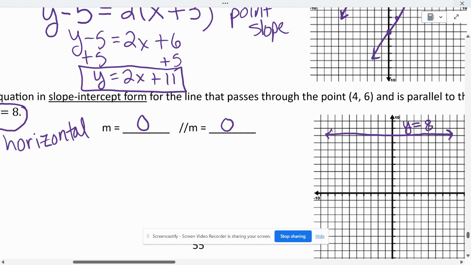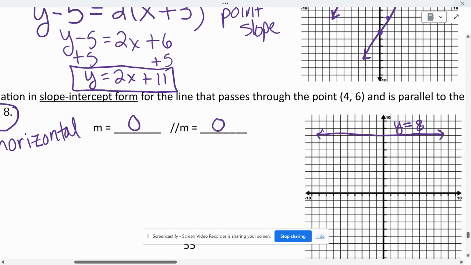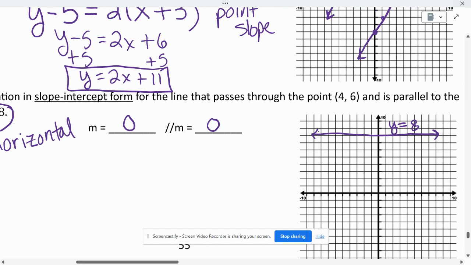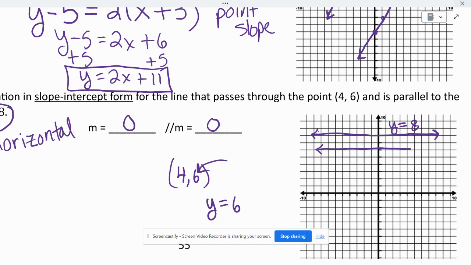What is the equation of the line that's parallel to that and passes through the point 4, 6? It's not just 6. What is the equation? It's y equals 6. Because remember, it's just the y coordinate that we're worried about. So the parallel line is at 6 on the y-axis. It's the line y equals 6.